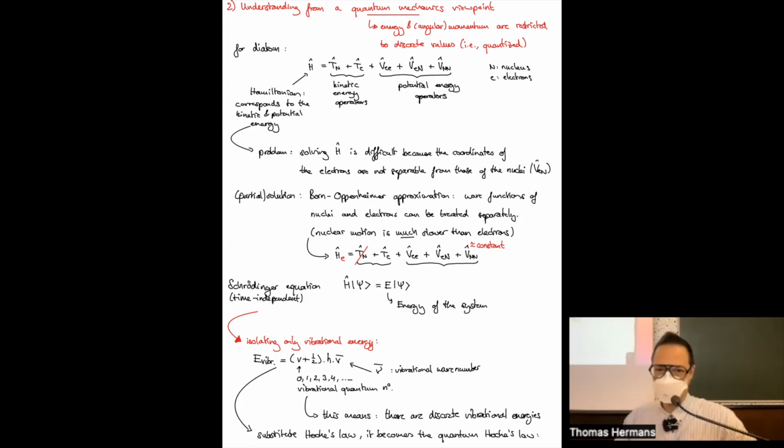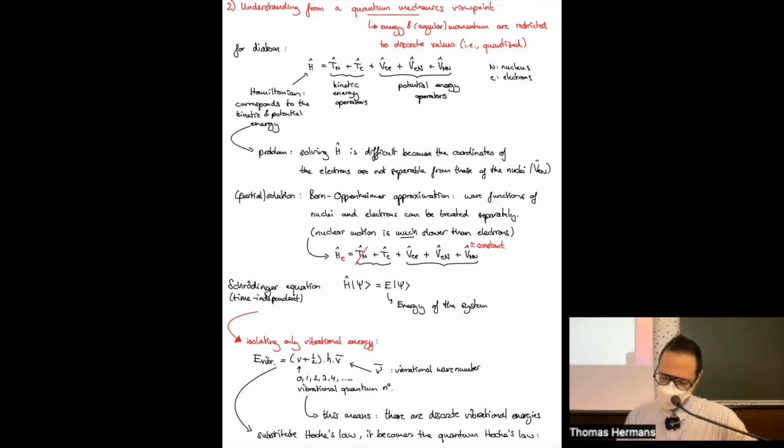Okay, so here we're still, this is the wave number, right? And this thing here, this is the vibrational quantum number. And so it can be 0, 1, 2, 3, 4, whatever, right? It's an integer whole number that can be any value between 0 and infinity.